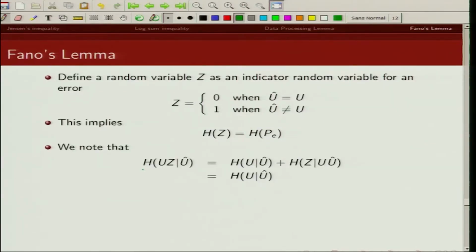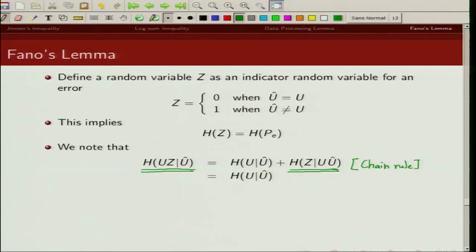Now let us look at this term, uncertainty in u z given the estimate u hat. Now we apply the chain rule. What we get is uncertainty in u given u hat plus uncertainty in z given u hat is equal to this quantity. Now let us look at each of these two quantities. What is the uncertainty in z given u hat?